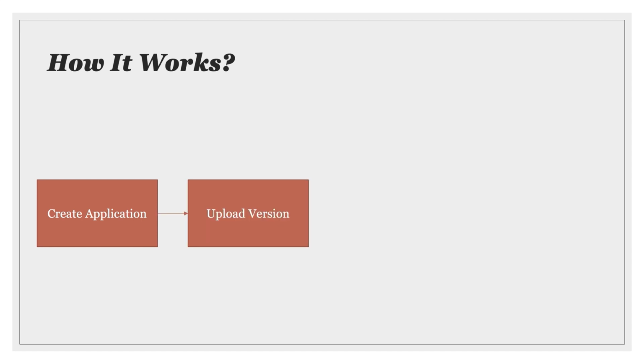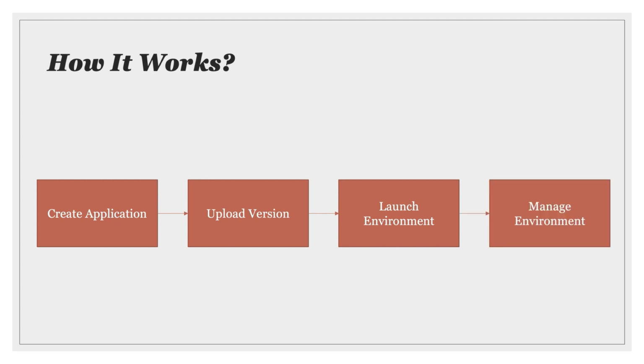Let's see the workflow, how Elastic Beanstalk works for you. Let's imagine you want to create and deploy an application. So you upload an application version. It's a source bundle or deployable code. You upload the application version and it will launch an environment. An environment is a collection of AWS resources that you need to run an application version, and you can manage your environment.